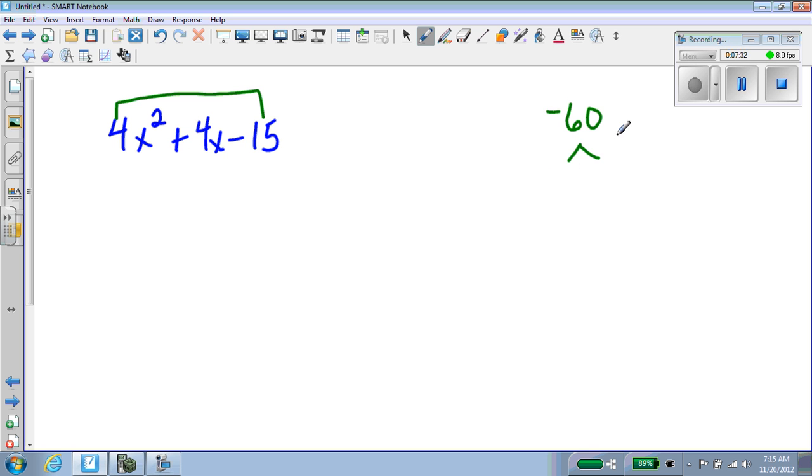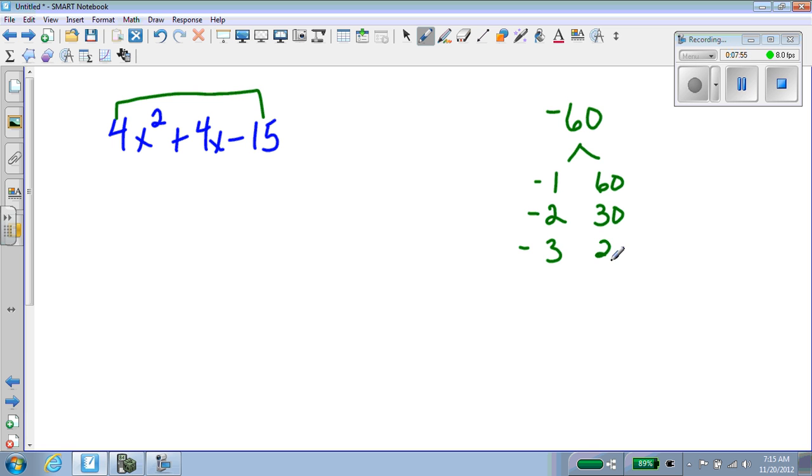So as I list my factors of negative 60, I'm going to make the smaller one negative and the bigger one positive, because I'm looking for something that totals up to this 4. So negative 1 times 60, well, if I add those together, I'm going to get 59, so that's not going to work. Negative 2 times 30, that's going to add up to 28. That's not going to work.